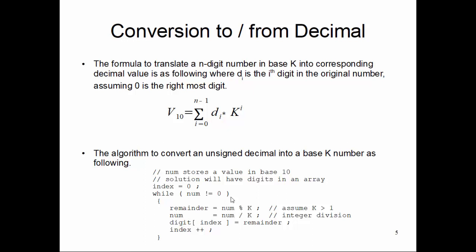So the formula to translate an n-digit number in base k into the corresponding decimal value. The important part is that it's an n-digit number, meaning my value is represented with n symbols. A string of n symbols in a base k number system means there are k different types of symbols available in the system.